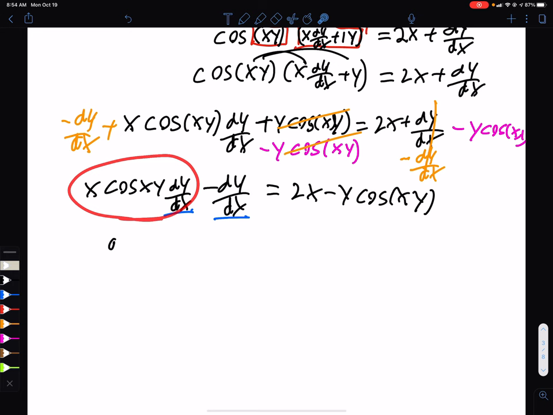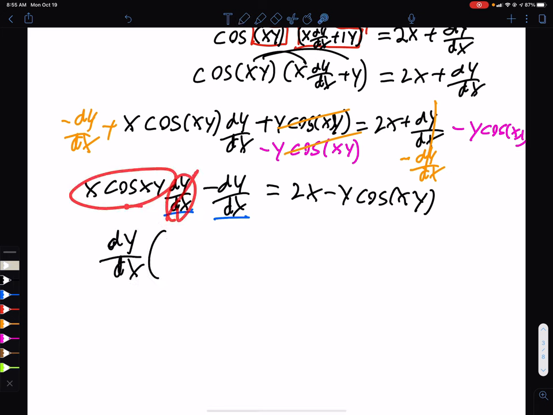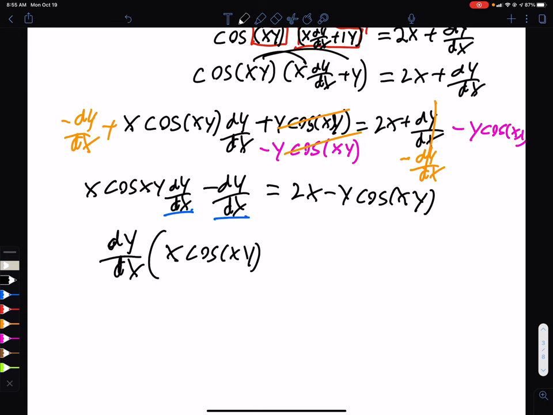Terms are things that are being added. There's two terms, and they both have a dy dx. So I'm going to take the dy dx out in front. And what's left over? Well, if I take that out, I'm left with x cos xy.